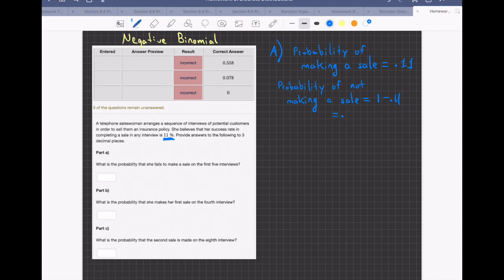That is 0.89. Here in this part, we will need this. But now, notice this can be thought of as a binomial first, because probability of not making a sale, in this case, I know it sounds weird, but not making the sale for part A is like our success. The probability is 0.89.